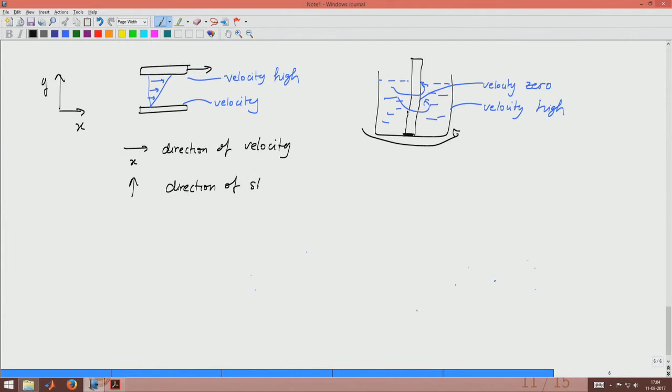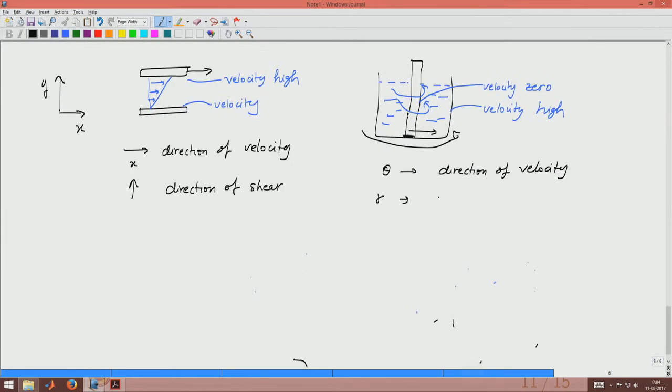So, therefore, that will be referred to as direction of shear. Similarly, in this case theta is the direction of velocity and r, which is this direction outward, is the direction of shear.